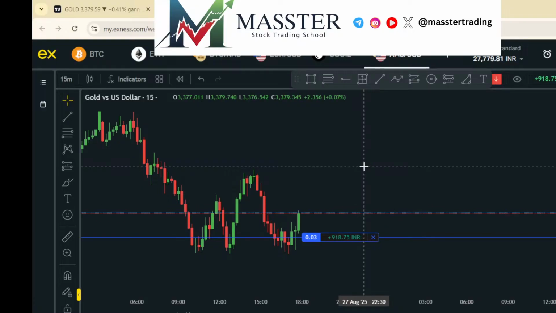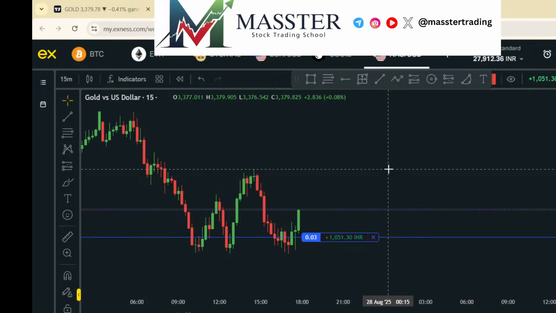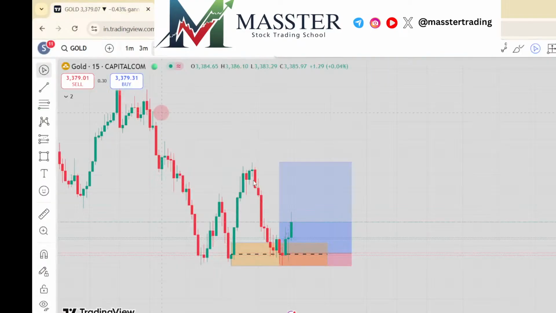If you can see the market, the movement is very fine, but we cannot.